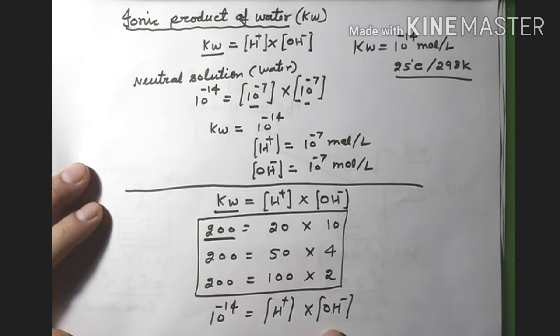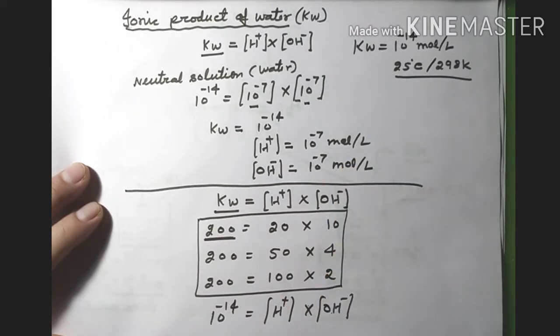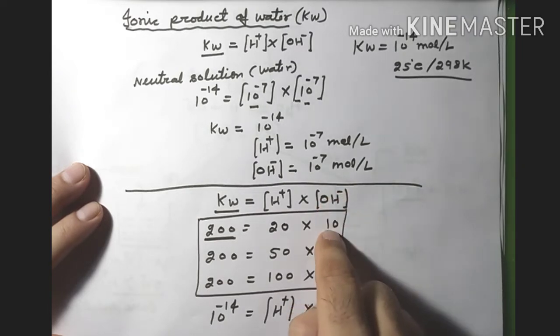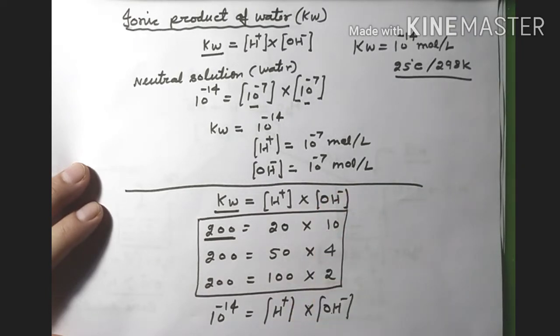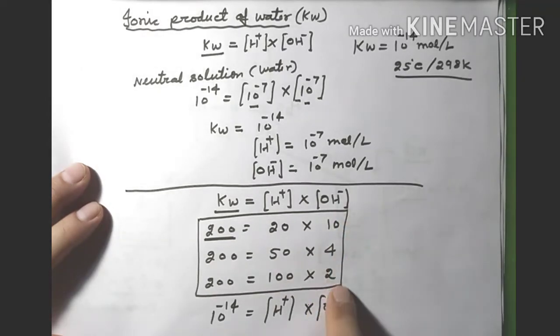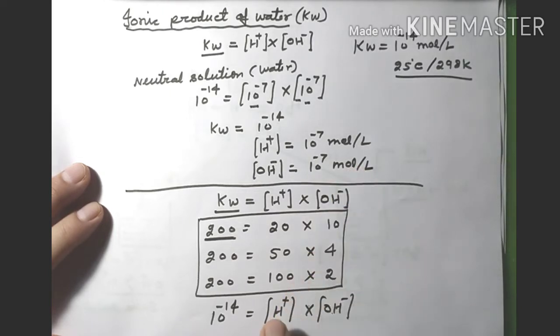And we will say if in any solution the concentration of OH minus ion increases, the solution becomes more and more basic. Listen again, if in any solution the concentration of OH minus ion increases slowly, the solution becomes more and more basic. In the same solution, when the OH minus ion concentration increases, the concentration of H plus ion will decrease.